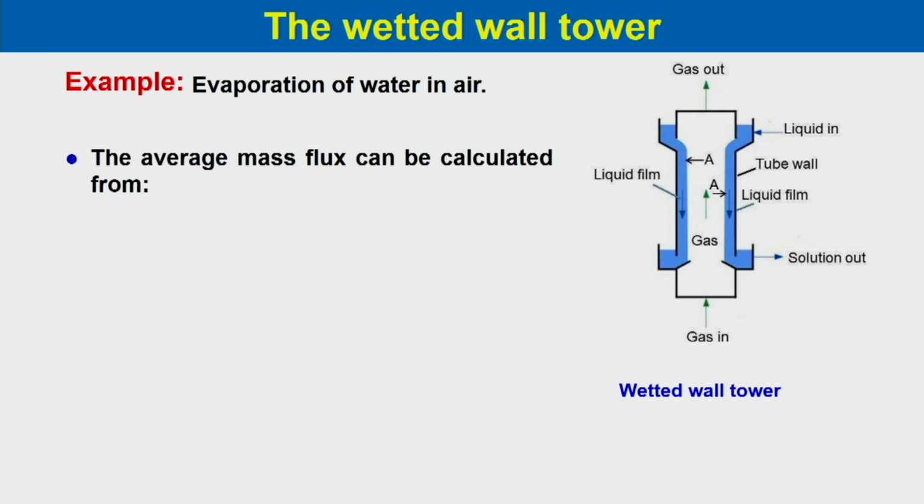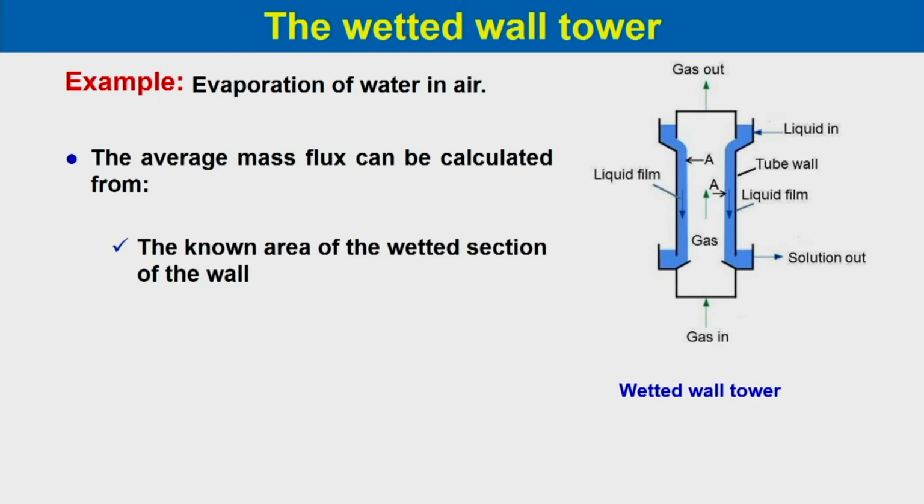The average mass flux can be calculated from the known area of the wetted section of the column. As it is a film falling on the internal surface, this column can be made of glass, so that you can see the film from outside, and you can control the flow rate and operate in the laminar as well as in the turbulent region.